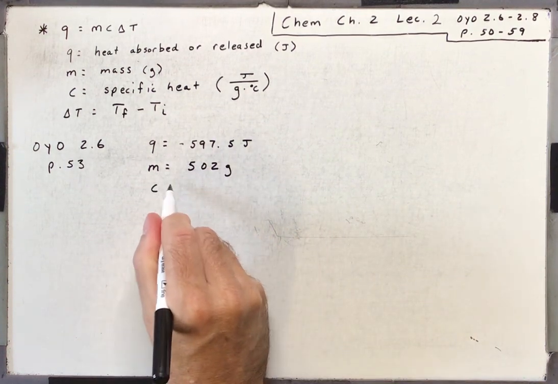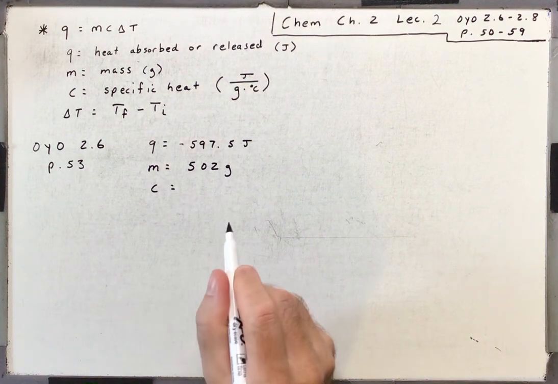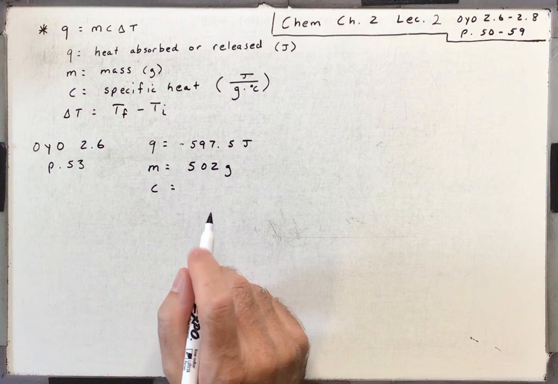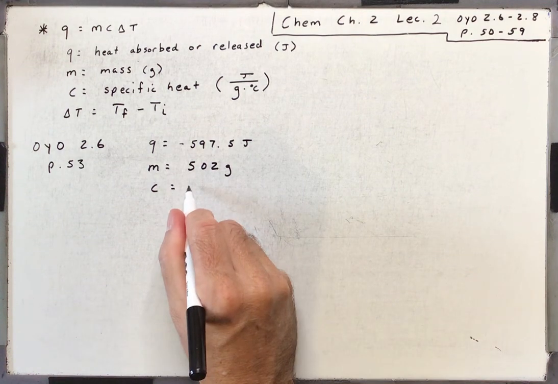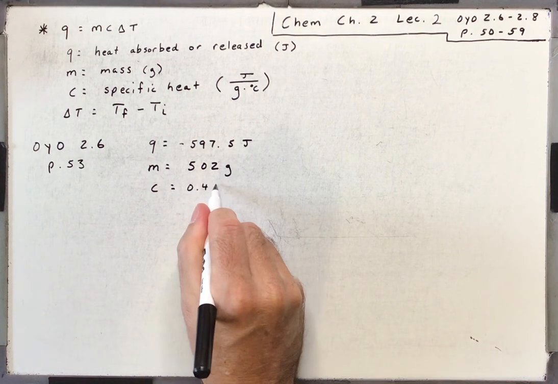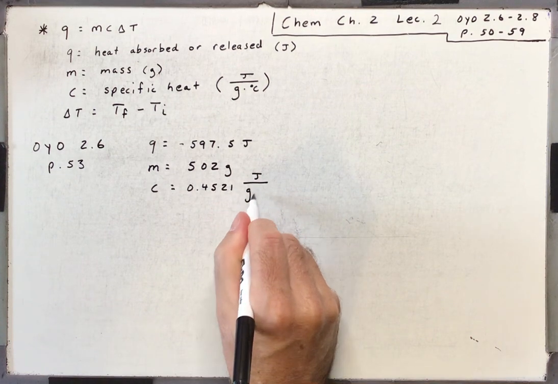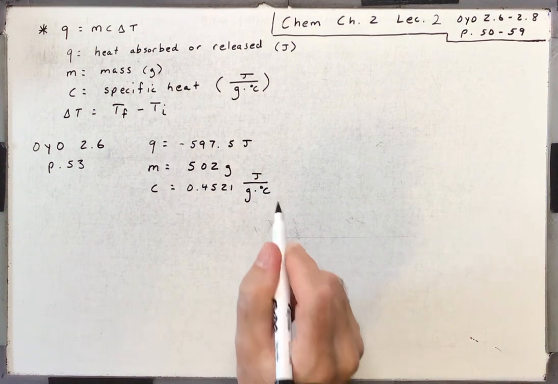The specific heat we know because it is iron, and if you flip back to page 50, you see that iron has a specific heat of 0.4521 joules divided by grams times degrees Celsius.